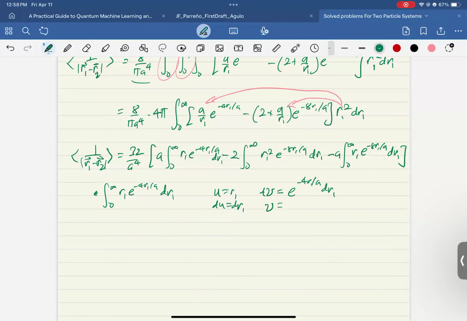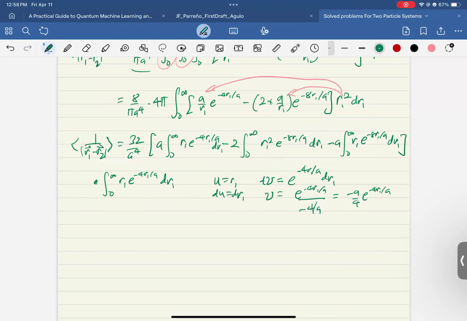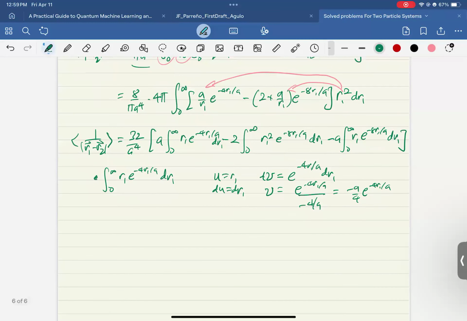So v is equal to exponential minus 4r1 over a all over negative 4 over a, or negative a over 4 exponential minus 4r1 over a.